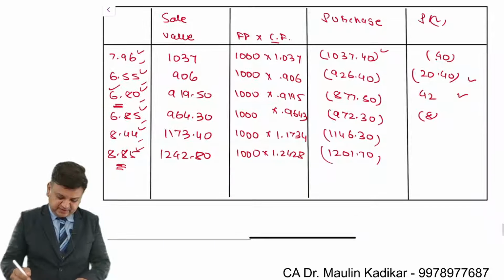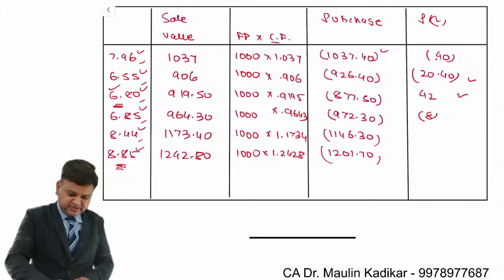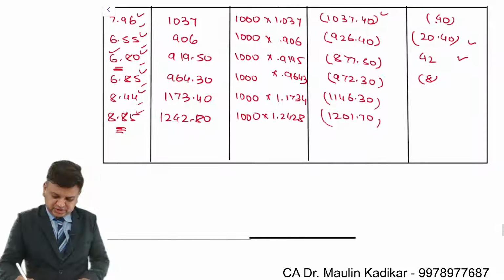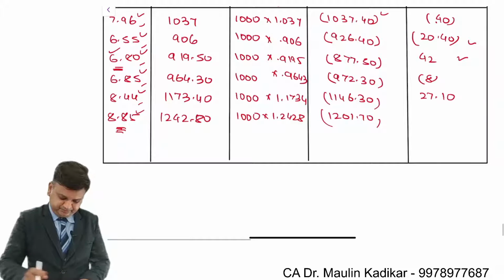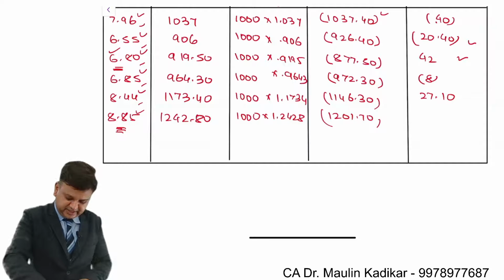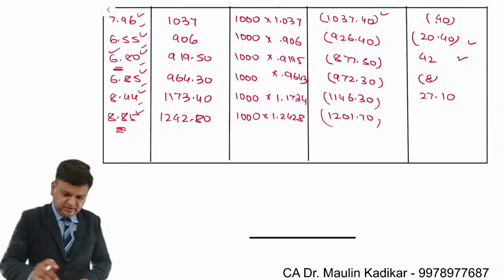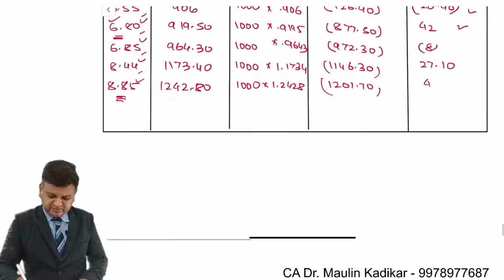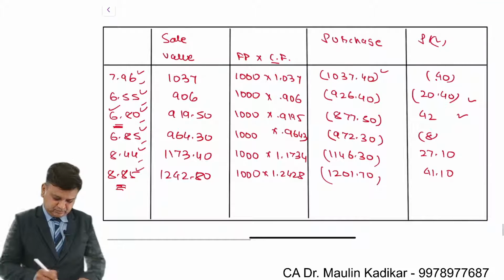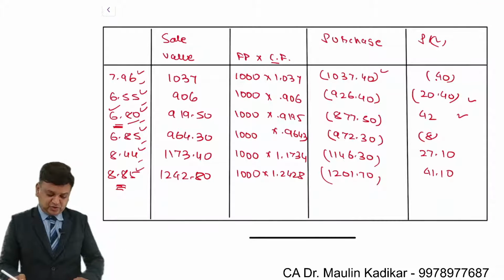So let us check the others. 1173.4 minus 1146.3, so there is a profit of 27.1. 1242.8 minus 1201.7, so there is a profit of 41.1. So this is the security that should be delivered.